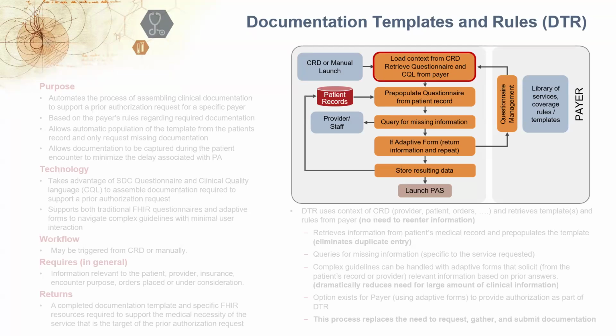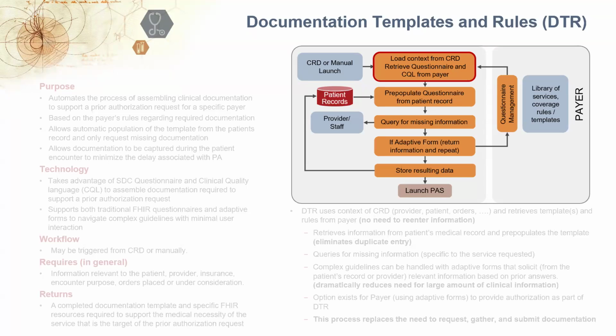But regardless, you're going to load that context that CRD provided, the patient and the service request and the CQL, the questionnaire, excuse me, canonical, and it retrieves the questionnaire and CQL from the payer. That is an operation that is immediately called to the payer's endpoint for DTR. We call it the questionnaire package operation. It returns what we like to call the package, which is a bundle of information.